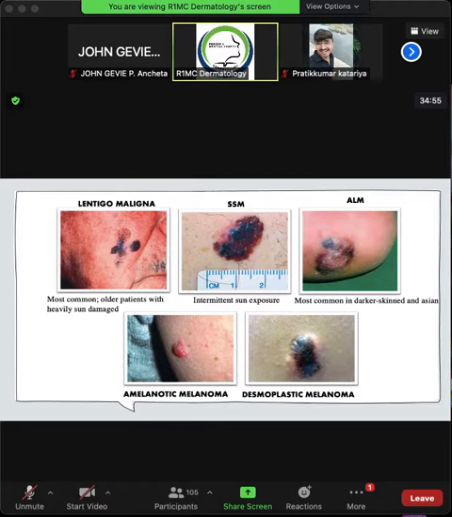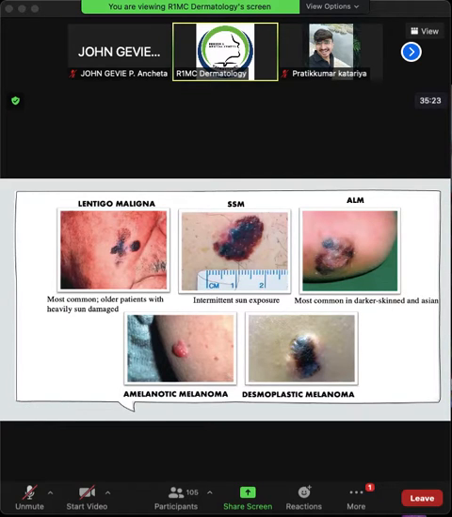So the difference is lentigo maligna is seen in those with heavily sun-damaged skin, while your superficial spreading melanoma is seen in patients with intermittent sun exposure. This can also arise de novo or in association with pre-existing nevi.